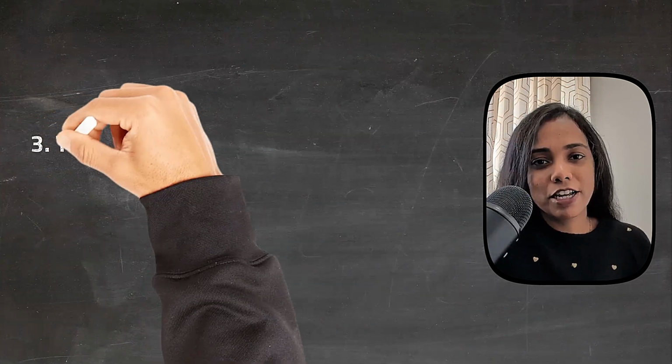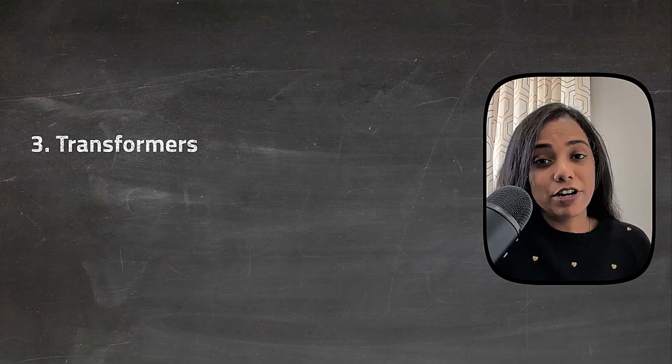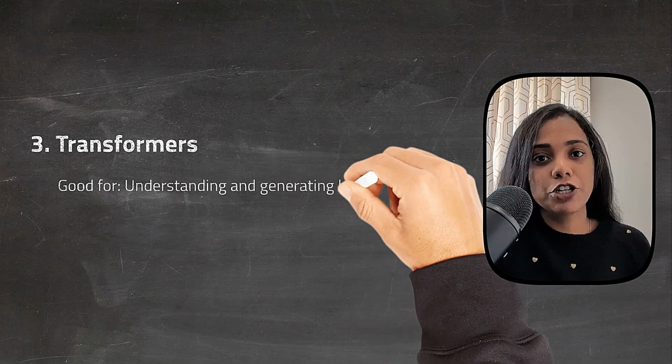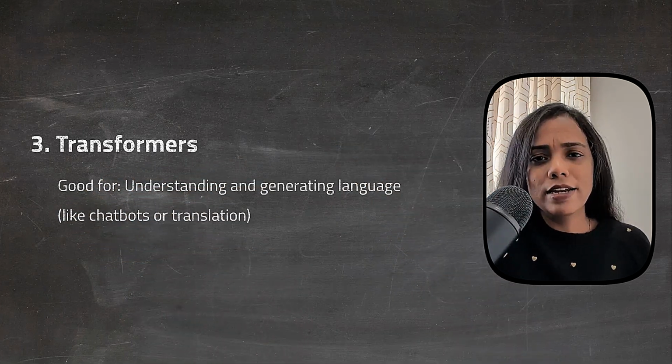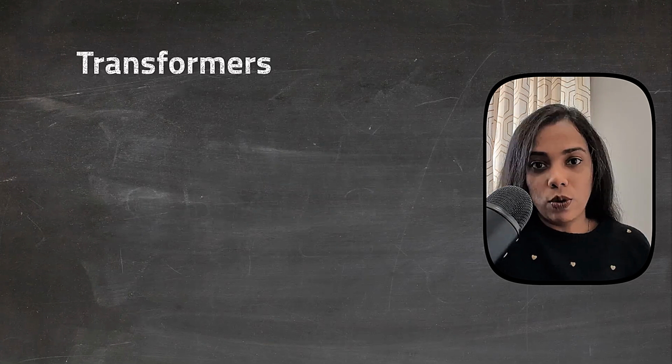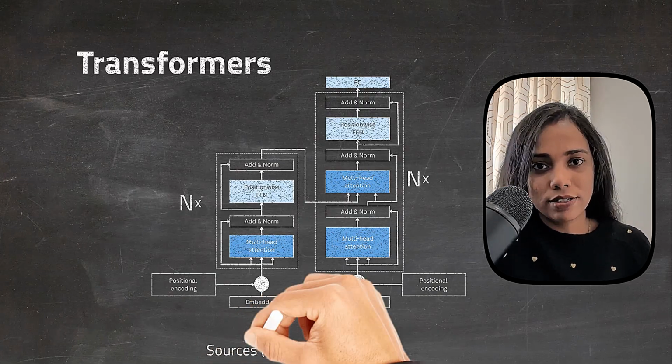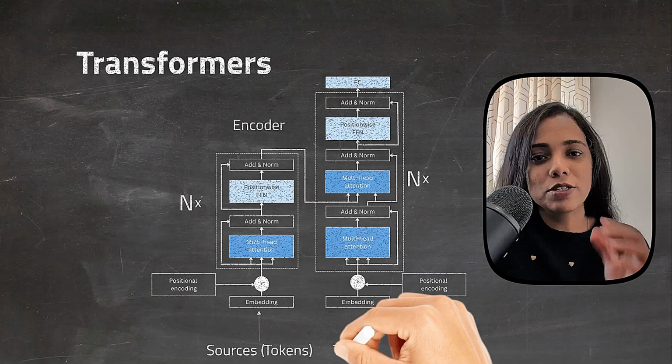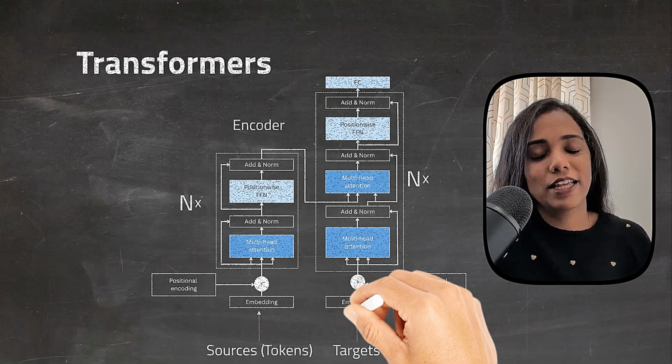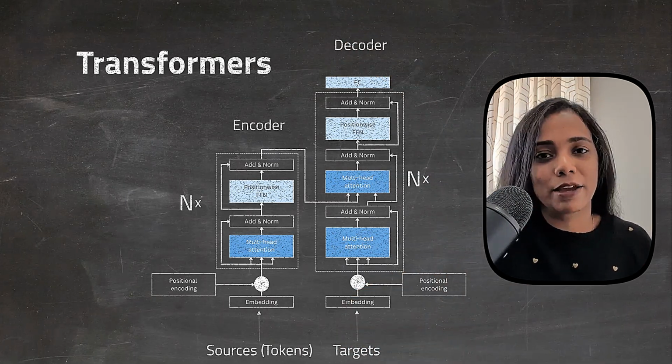Another very popular architecture is transformers. Transformers are good with language-related tasks. And increasingly, they are also being applied to images and other data types. They process all the words or tokens, popularly known as tokens, which are the smallest unit that the neural network understands in language.